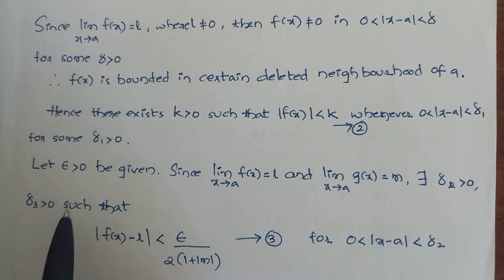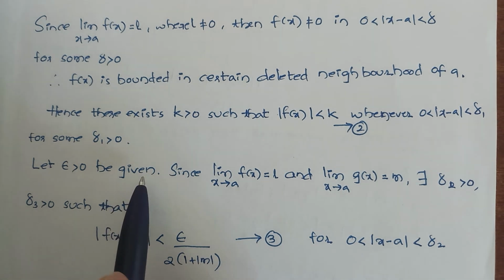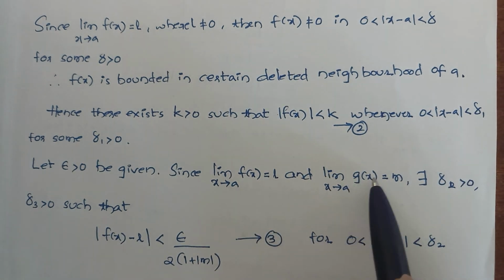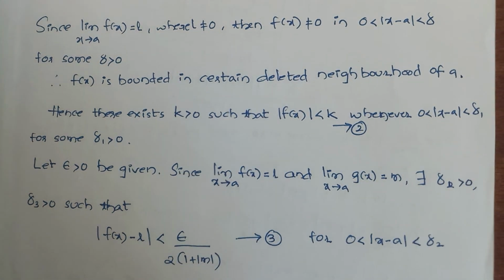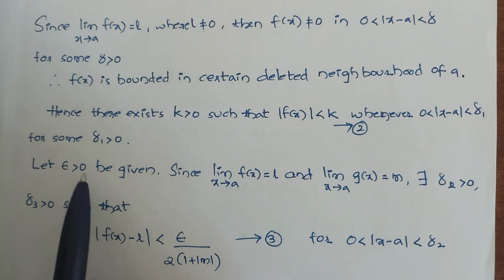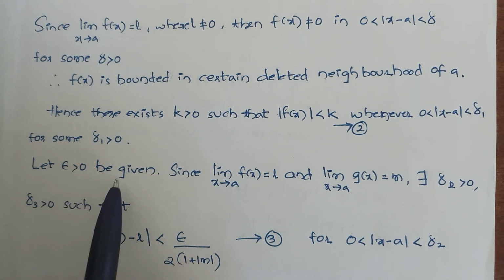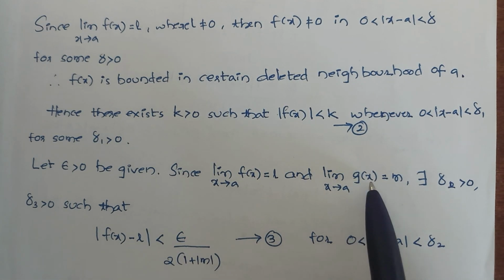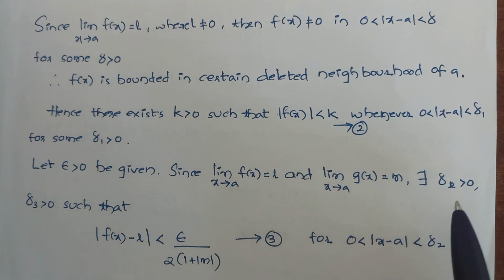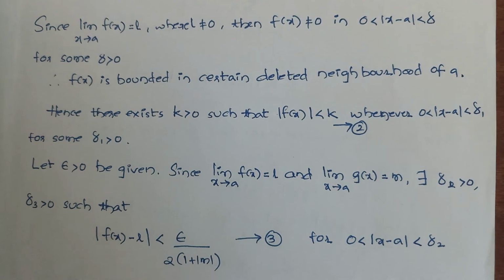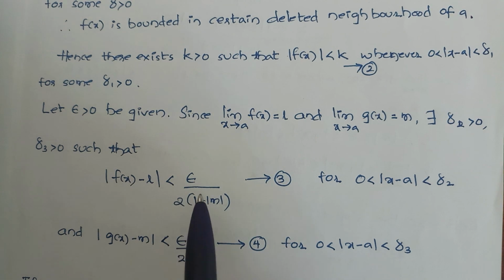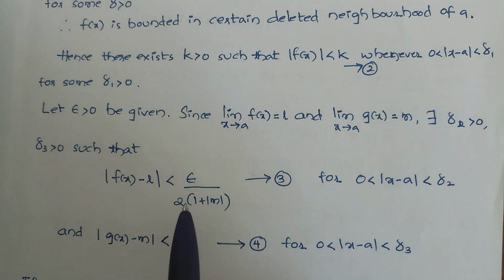So here I take, let epsilon greater than 0 be given. Since you know that limit x tends to a of f(x) is equal to L and limit x tends to a of g(x) is equal to m, using the definition of limit there exist delta 2 and delta 3 greater than 0 such that modulus of f(x) minus L is less than epsilon, which is a very small quantity.